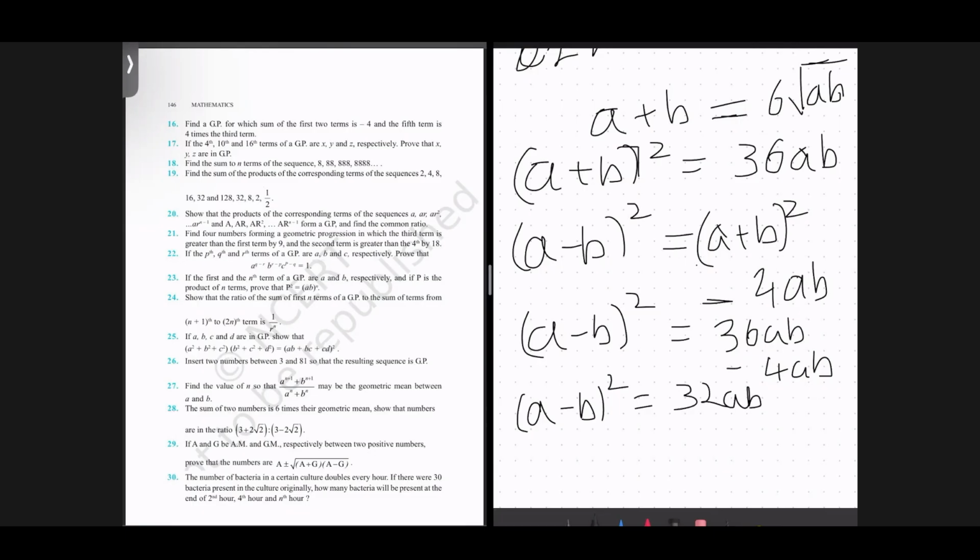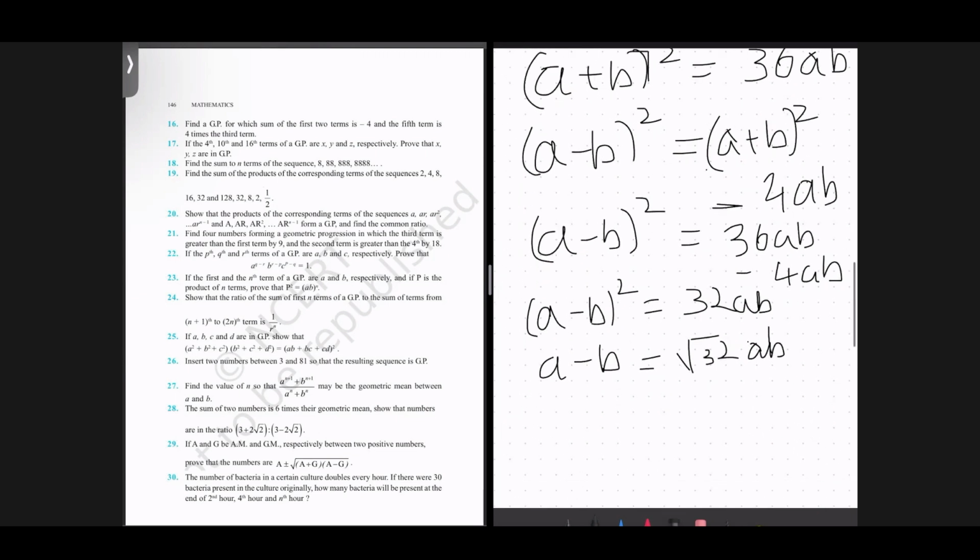Taking the root on both sides, you get a minus b equals root 32ab, correct? Now this is nothing but root 32 root ab as well, right? Now root 32 is nothing but 4 root 2, correct? So a minus b is going to be 4 root 2 root ab, and also we have a plus b equal to 6 root ab.